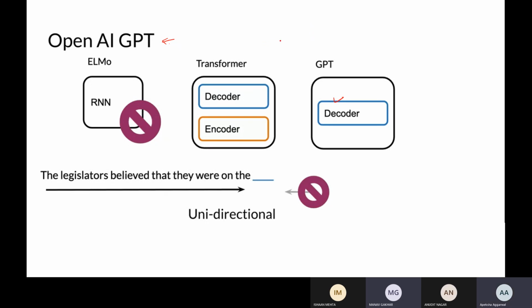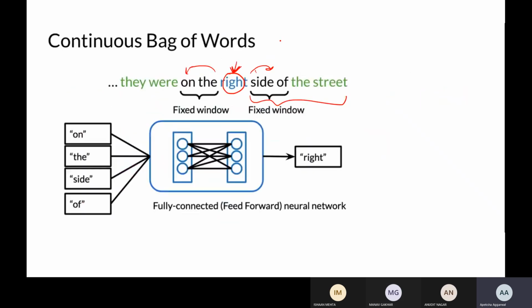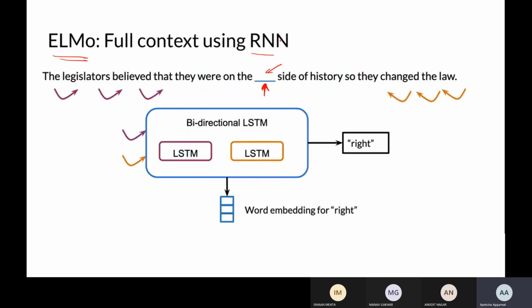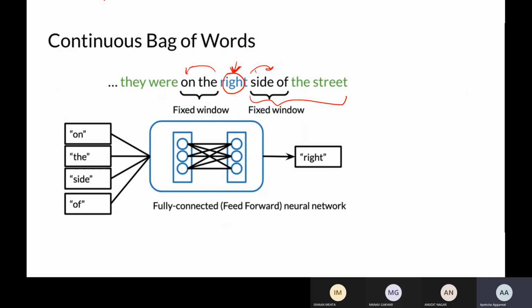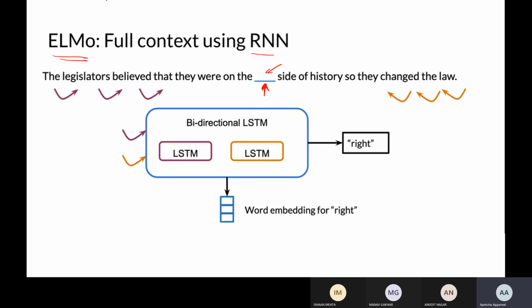So actually what happens is, first of all, the sequence model came. RNN was an earlier, very old concept, but ELMo came later, specifically for text. First, continuous bag of words was used, and then ELMo came, and ELMo utilizes the concept of RNN itself.